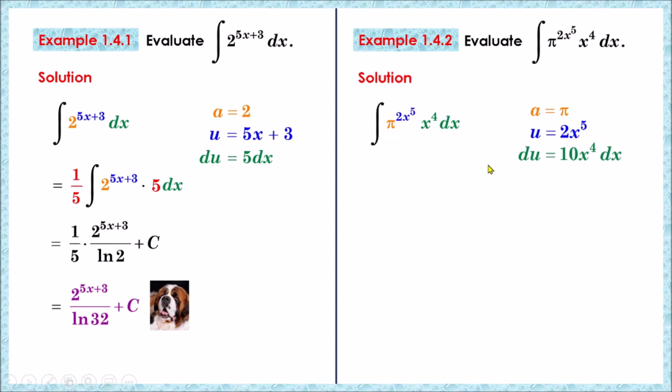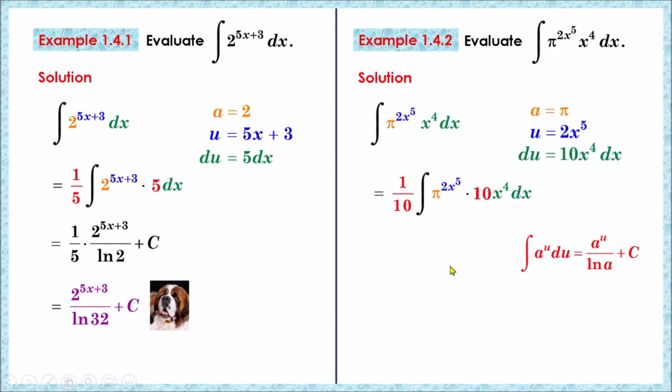This is not exactly present in the given integral. There is a constant factor missing, which is equal to 10. Let us apply that inside and then balance outside by 1 over 10. This integral now takes the form of integral of a to the u du.